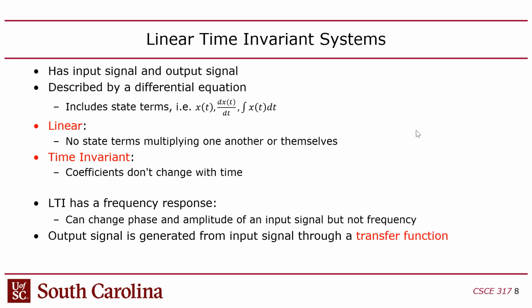Those signals can be differentiated or integrated, or you can just have the basic signal. So you can have x of t, or the derivative of x of t, or the integral of x of t. And then you can multiply any of those things with a constant and add them up.